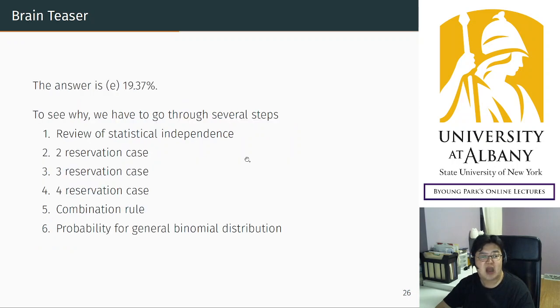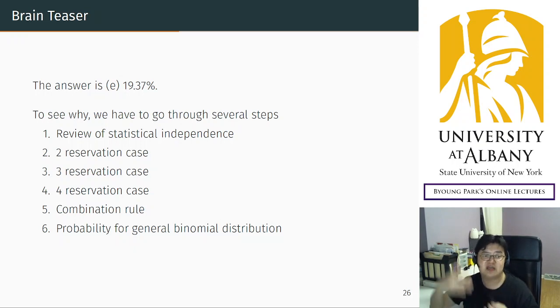So our plan is to go through these steps to answer the question. First, I'll briefly review the concept of statistical independence: what are the properties and what we have if we assume independence. And then I will start from the two reservation case. Our question assumes 10 reservations, but let's start from 2.